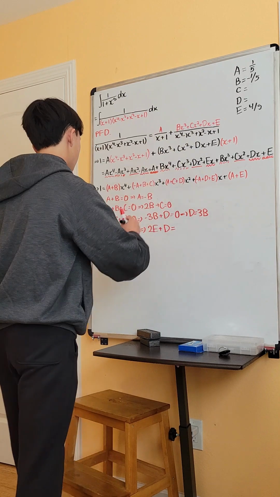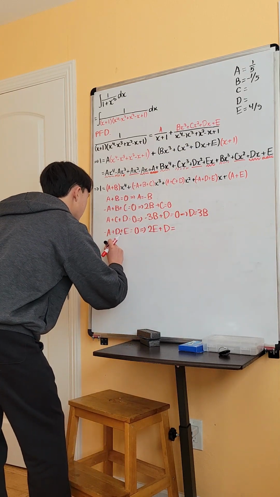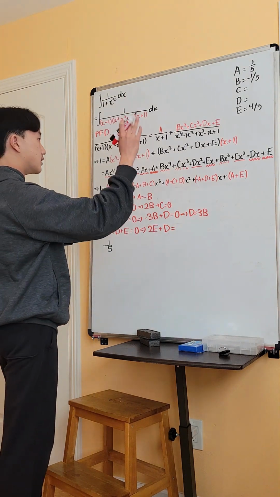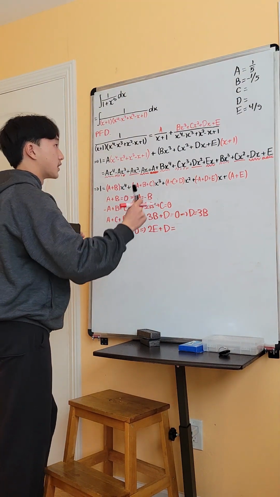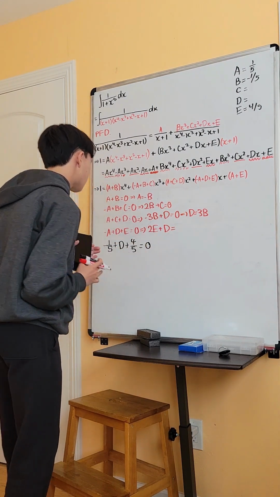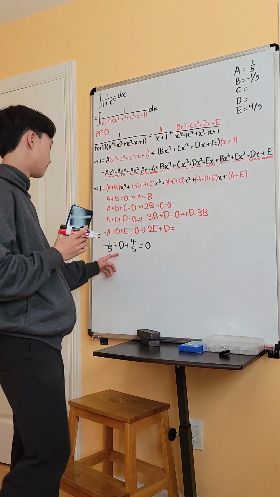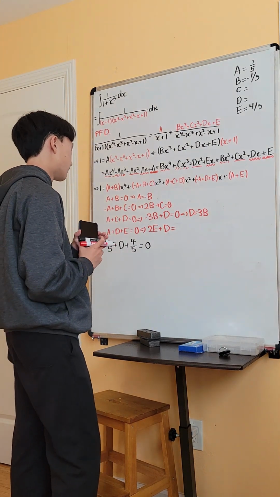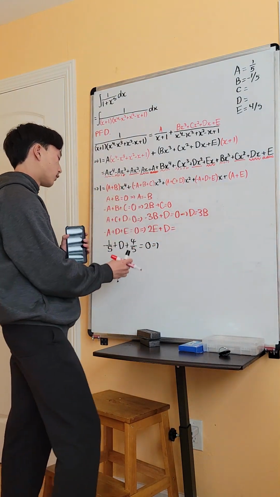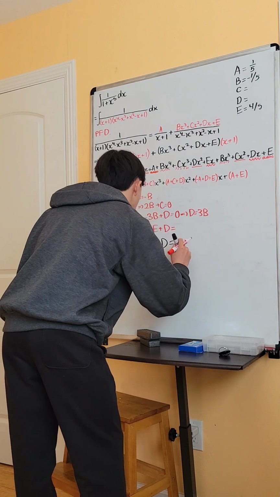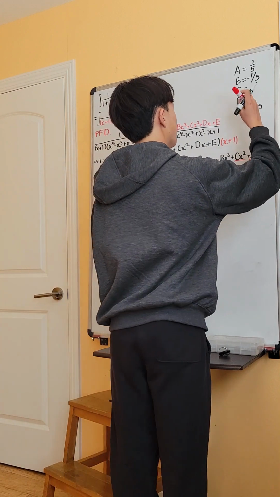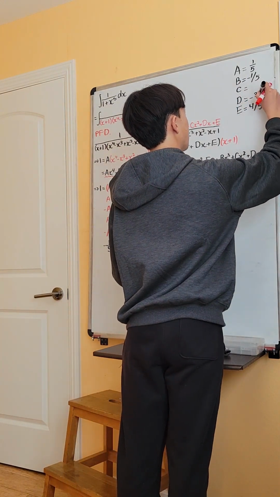But we know that negative A is 1/5. So I'll just take a look at these root equations, right? Then we have the negative sign out here, plus D and plus E, which is 4/5, is equal to 0. So you can add 1/5 on both sides and subtract 4/5. Adding 1/5, you get D plus 4/5 is equal to 1/5. Subtracting 4/5, you get D is equal to negative 3/5. So this would be equal to negative 3/5.